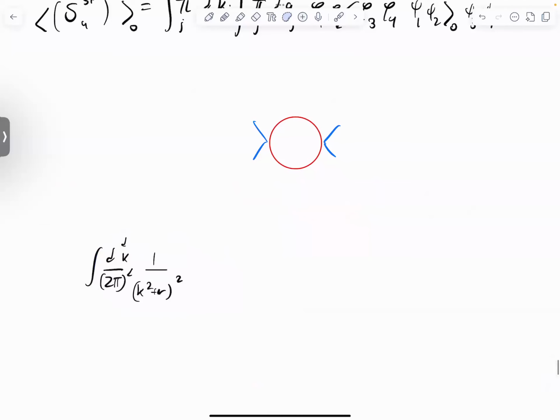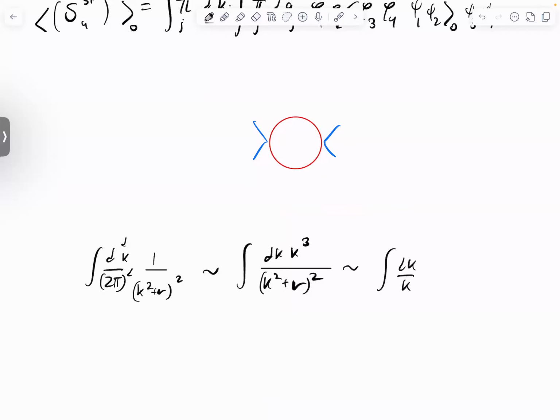If you look at this diagram at d equal to 4, this guy goes like an integral dk k cubed, divided by k squared plus r squared. So this thing in the end goes like an integral dk over k, which means that it diverges also in the IR limit.